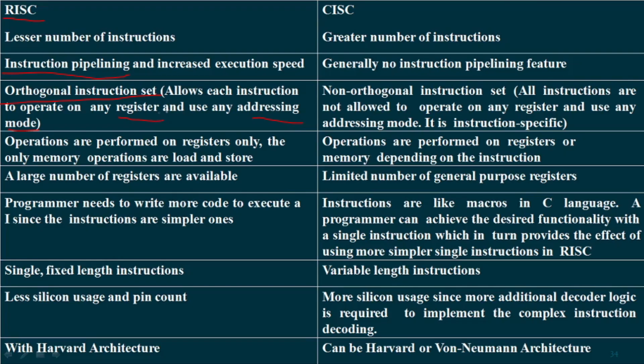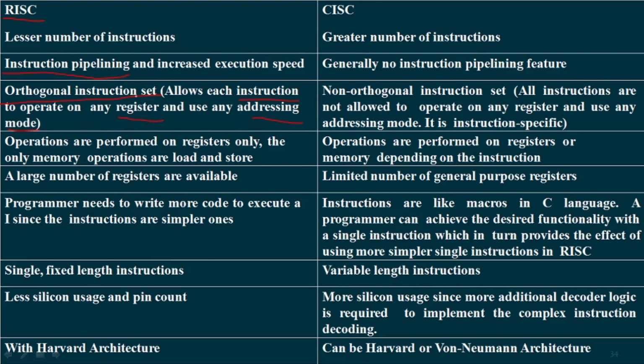When you say addressing modes, they are the different states in which the CPU can work. They have supervisor mode and so on. There are a lot of modes there. But when you say orthogonal instruction set, these instructions which are available in a RISC based system allow the same. If you have one particular instruction, let's assume addition, that can be performed on any registers and in any mode.